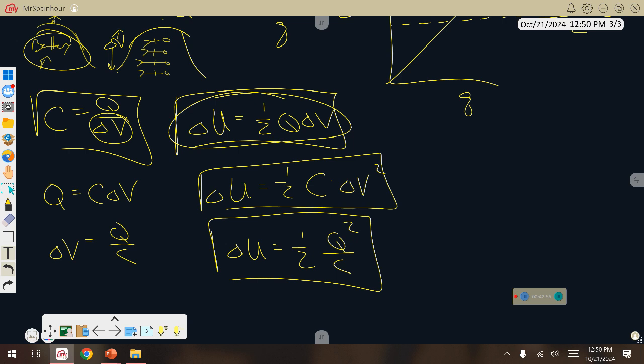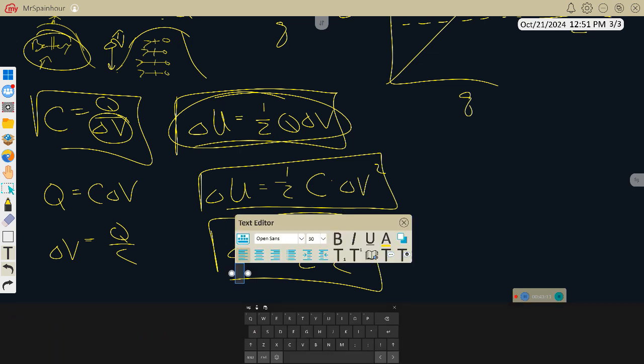Or finally, what if I double the capacitance, but charge also doubled? Okay? I'll explain why that's a weird question in a second, but you would go right here and you would go, well, I doubled charge, so that would make it go up by 4. Doubling capacitance would actually make it go, that should be going only up by 2. Does that make sense? Now, it's weird for me to say that you keep charge the same or you double charge, because can you actually control charge?